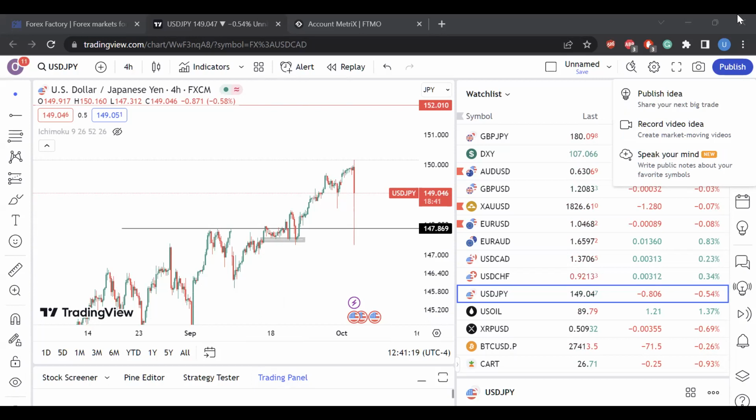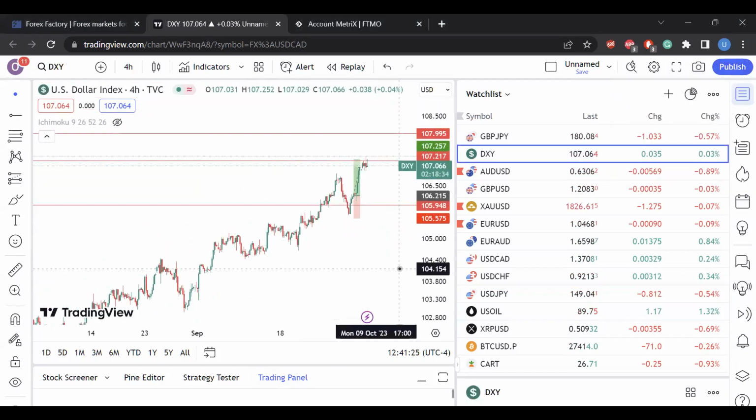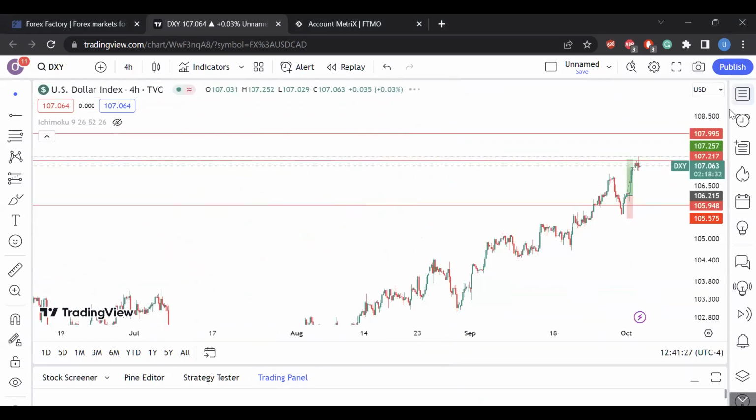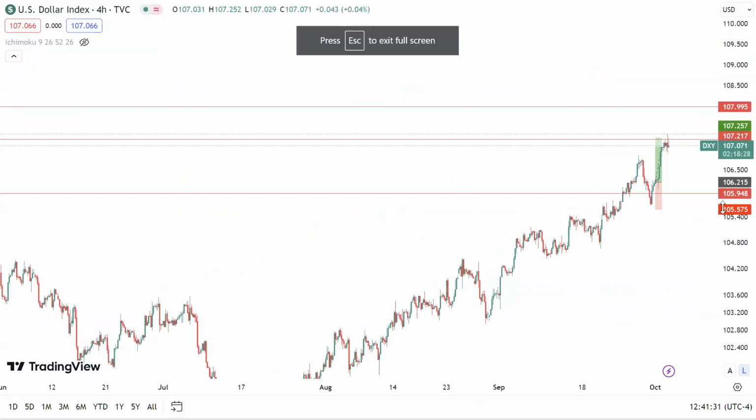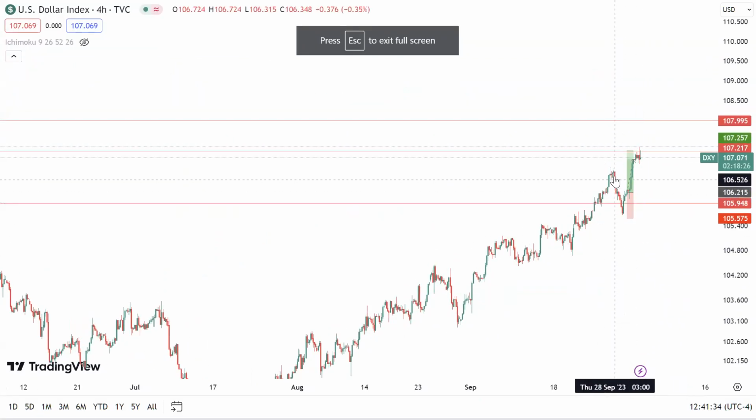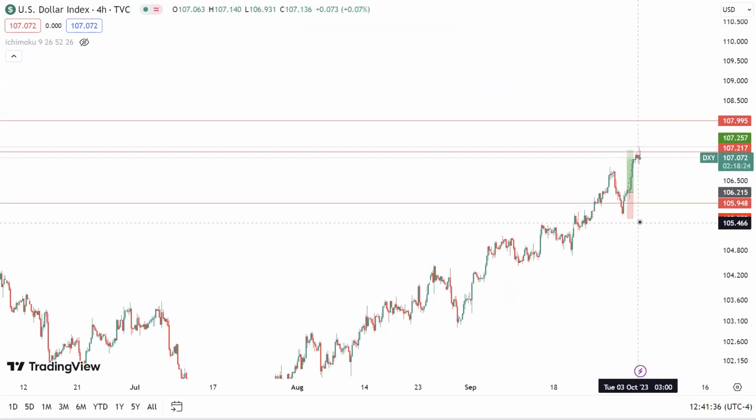So anybody who knows me and knows the way I trade, I always like to take a look at the DXY first. On my last video on Sunday, I had this game plan on DXY. We saw that it came down a little bit and then never really made a lower low.